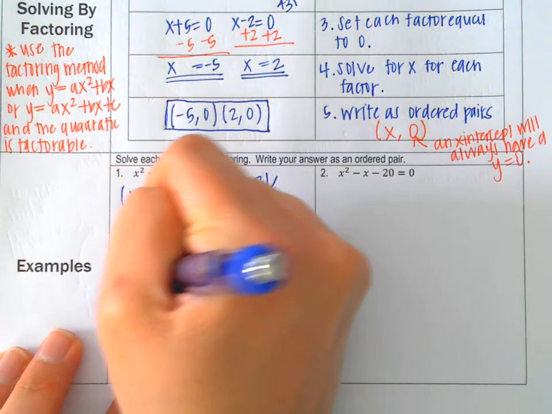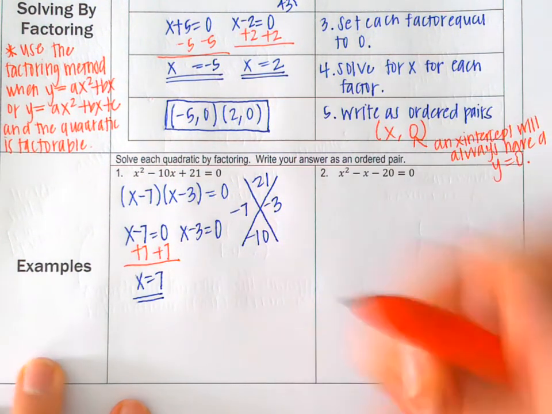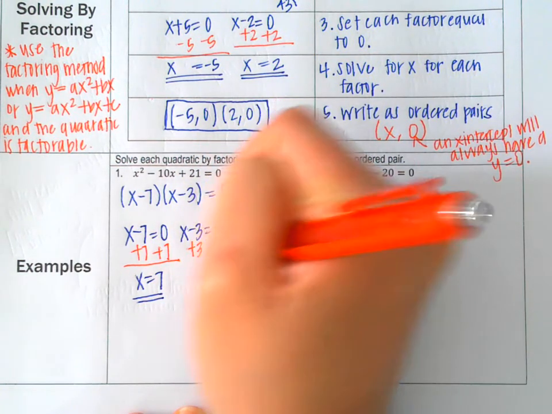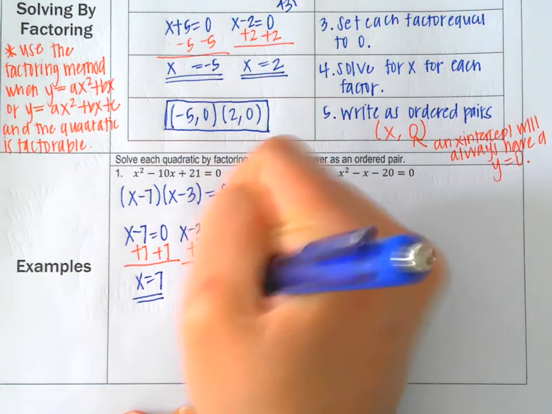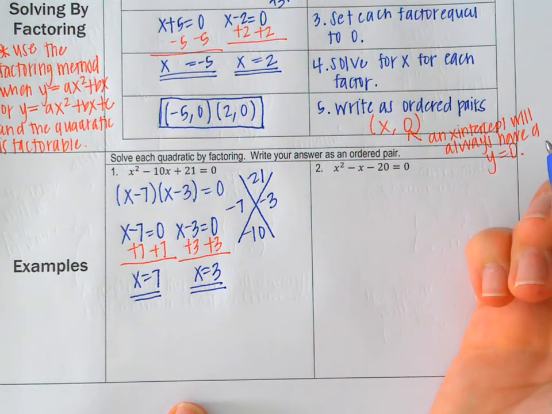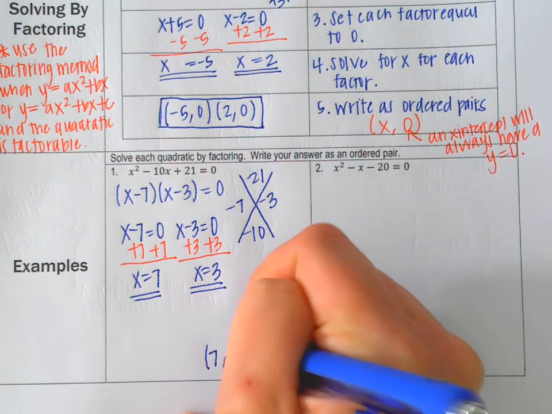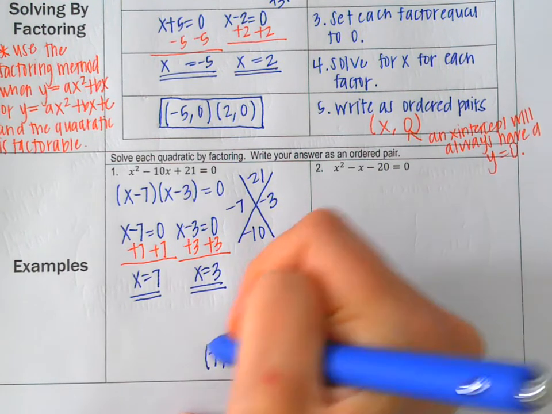And I get x is equal to 7. Then I'm going to add 3 to both sides. I get x is equal to 3. So that means my solutions, my x-intercepts, are going to be 7, 0, and 3, 0.